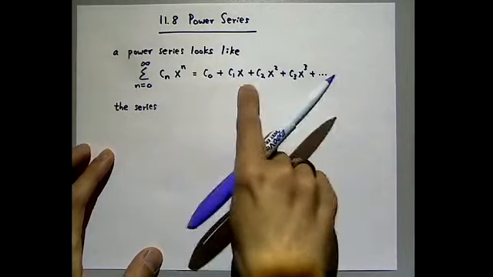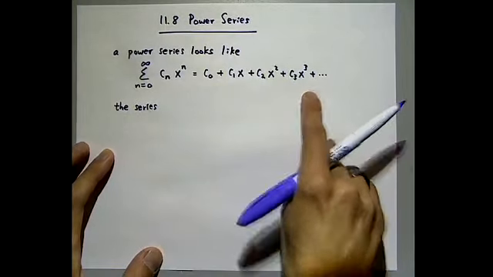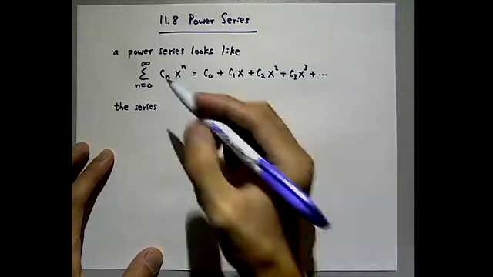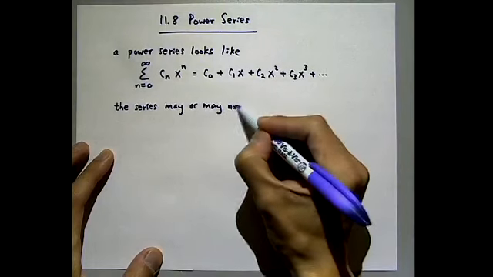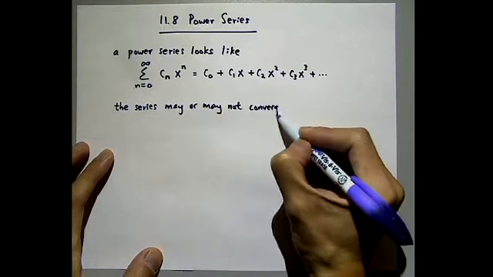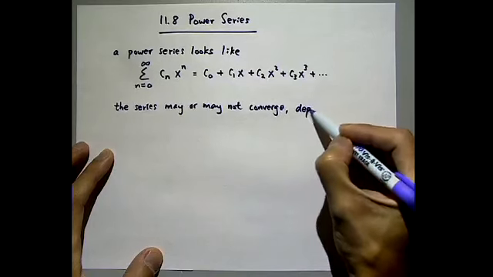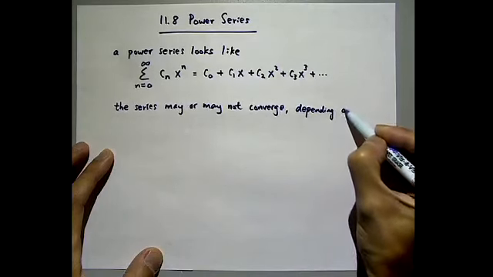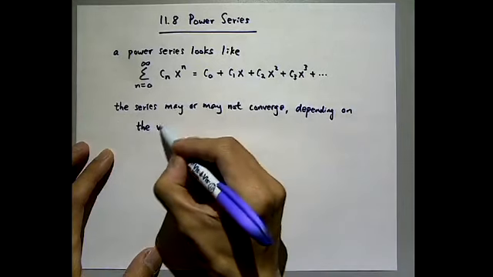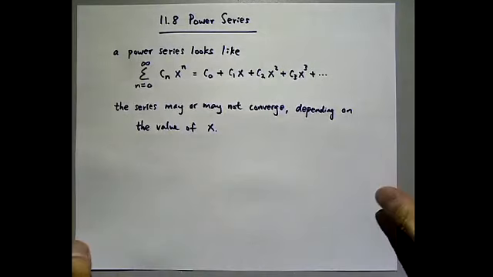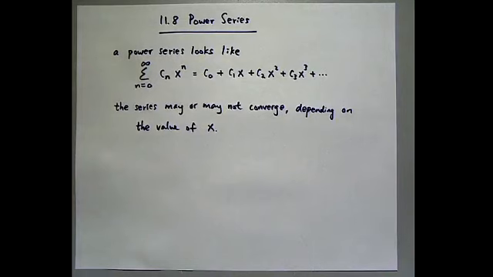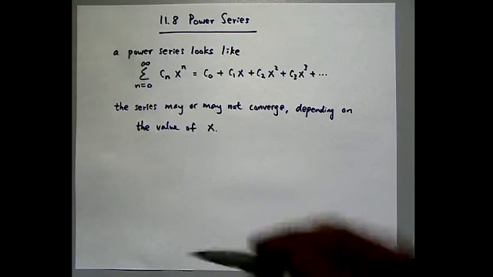And of course, now with these x's in here, we expect that x will affect the convergence. Let me give you a very, very simple example where you can see that x is going to be the thing that dominates the convergence of the series.